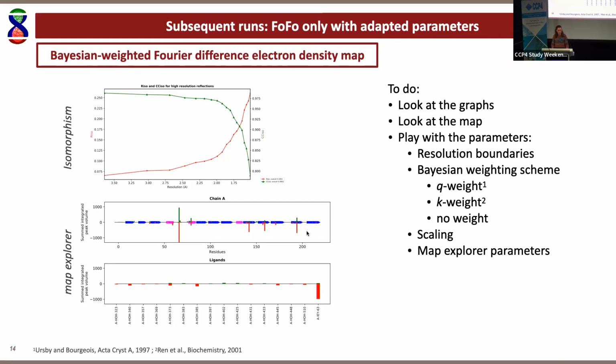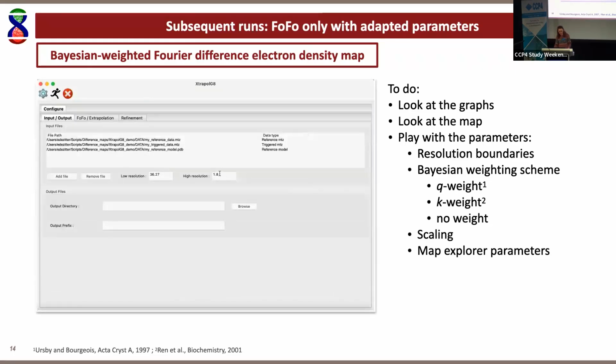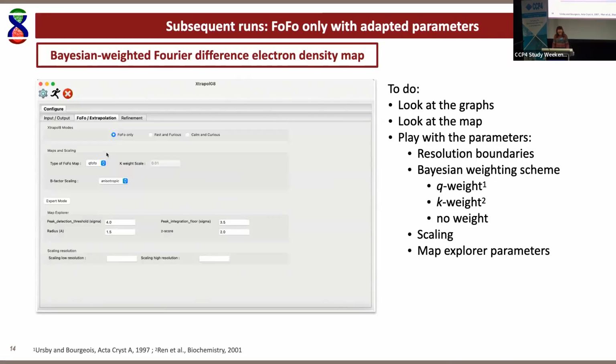So if you're done with looking at that, you can start playing with your parameters. You can change, for example, the resolution. Then you can also change the Bayesian weighting scheme. We have three kinds of weighting schemes: Q weighting, K weighting, and no weighting. You can also change scaling parameters, and you can also change the parameters of the Map Explorer tool to use only the most relevant peaks in your maps.